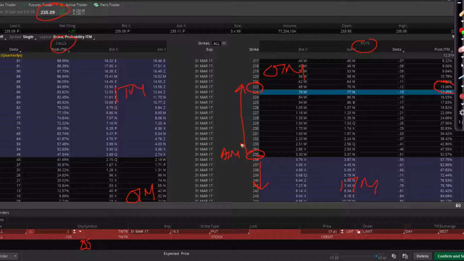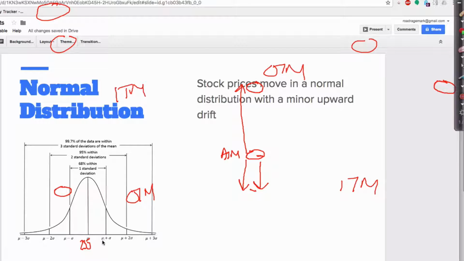Okay, 13% chance. And then on the other side, probability in the money, we have 12.57%. That's near enough. That is the 242, right here. Okay, so back to our normal distribution, it was 222 and 242. What it's saying is on the downside, one standard deviation is 222, on the upside 242.